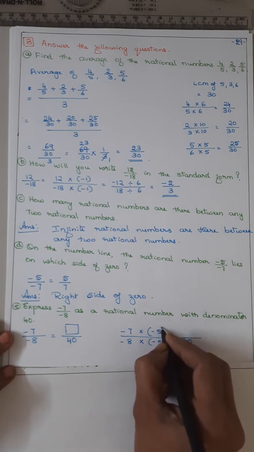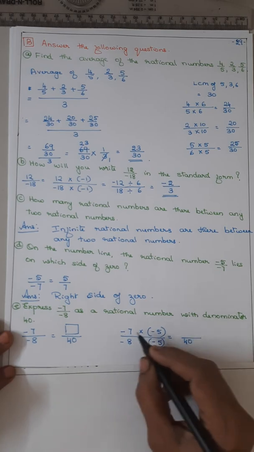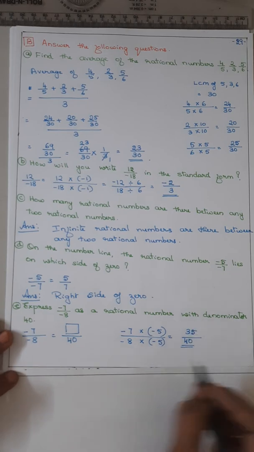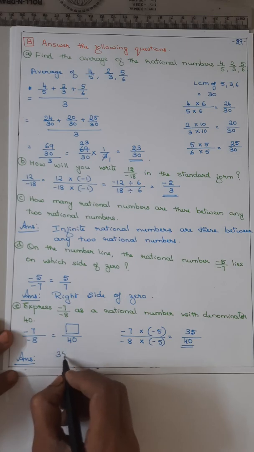Numerator also multiply by minus 5. Minus minus will be plus. 7 5s are 35. So the answer is 35 by 40.